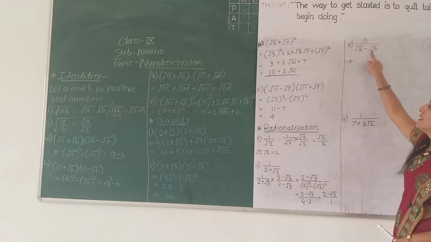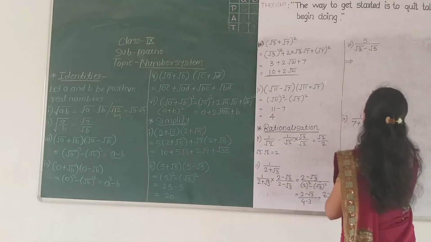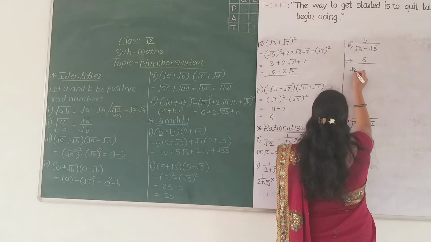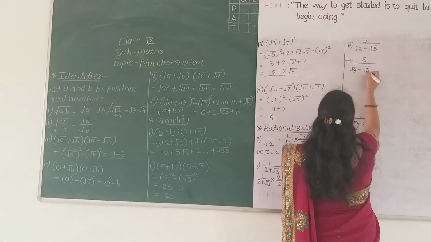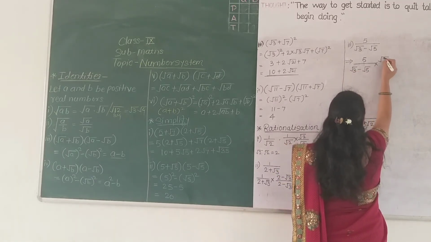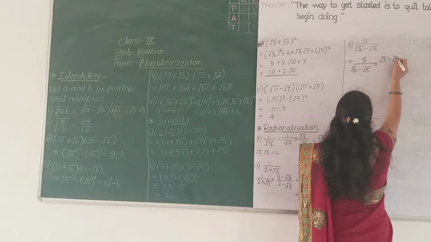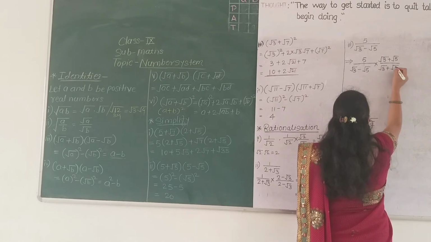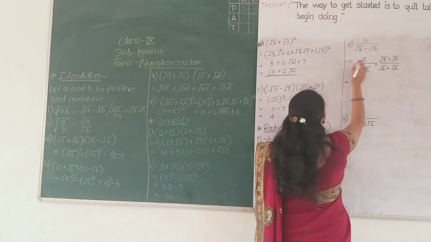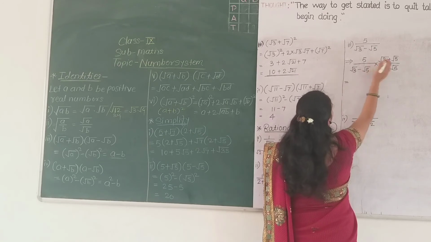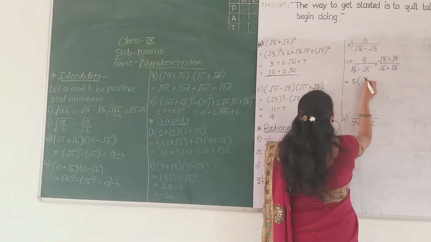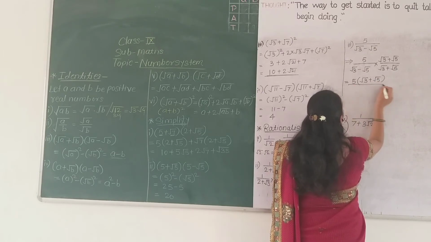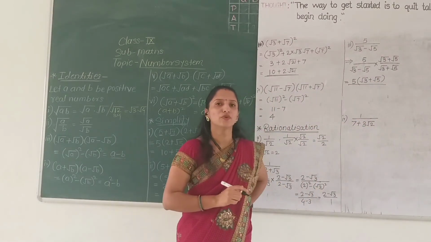So look here, 5 upon root 3 minus root 5, I multiply the numerator and denominator with the same term, root 3 plus root 5. So the numerator multiplication is 5 into bracket root 3 plus root 5.